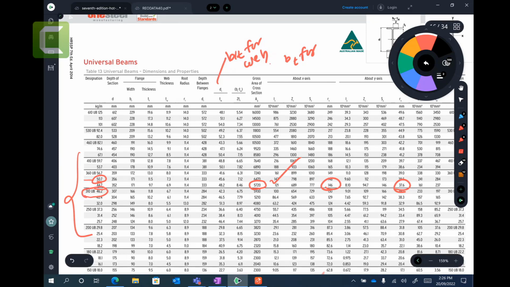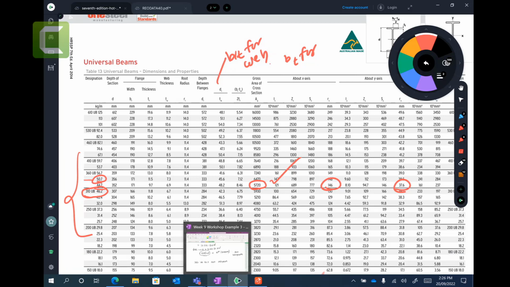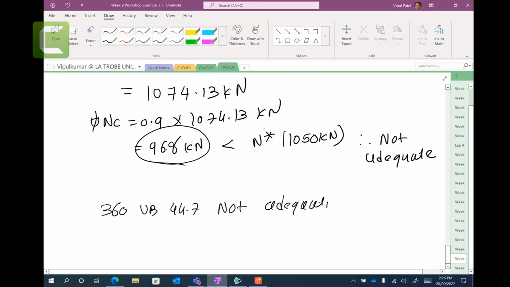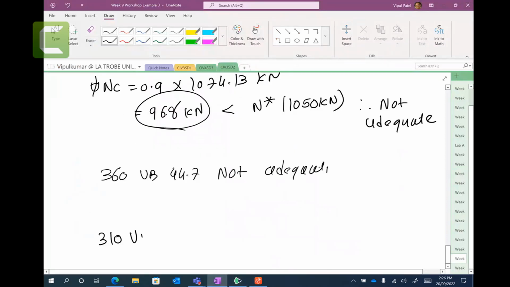Yes, we can do that: 310 UB 46.2. That's also possible. We can try 310 UB 46.2. And what was the gross area for that one? 5,930 square millimeters.